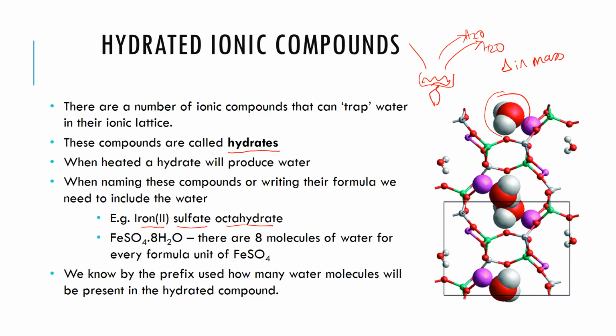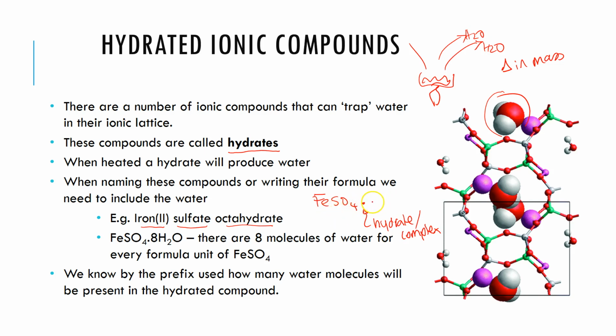Iron 2 sulfate, Fe, it's going to be 2, so it'll balance out the sulfate nicely, SO4. The dot tells us it's a hydrate or complexed, not actually bonded in this compound here.